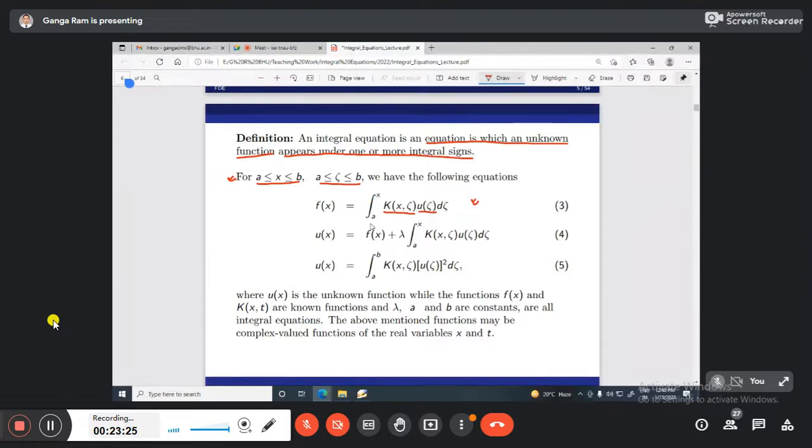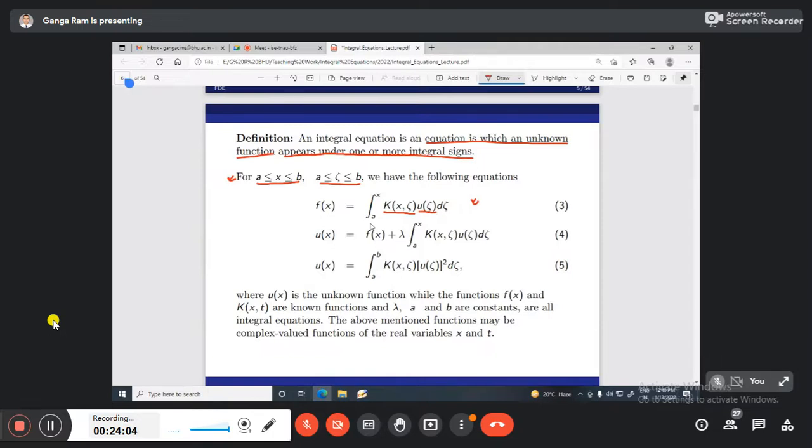An equation in which an unknown function appears under the integral sign. So what is the unknown function in this? There are two functions which appear under the integral sign. Okay. u(x) plus lambda times the integral is equal to the integral from a to b.